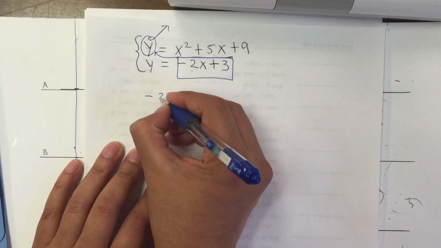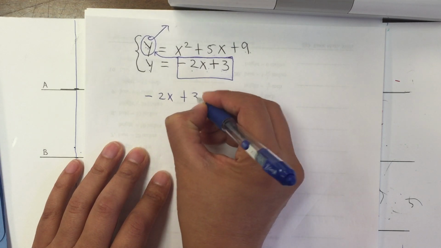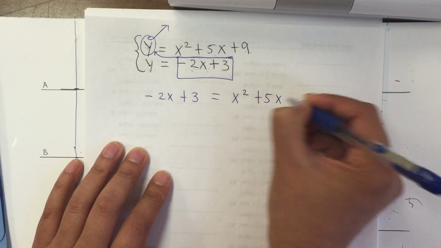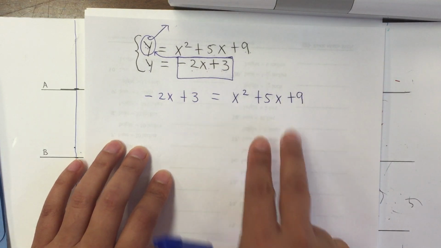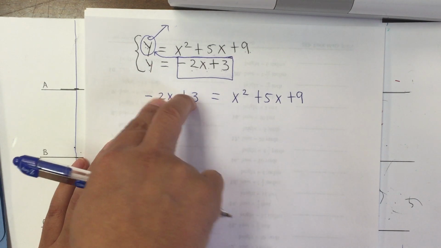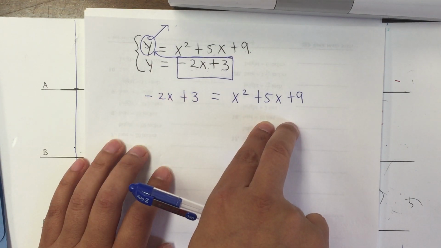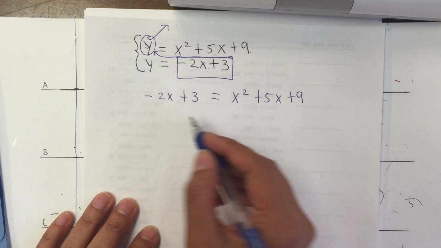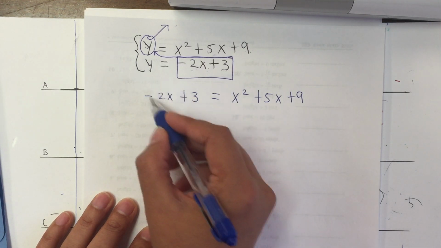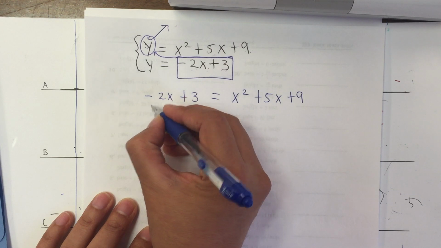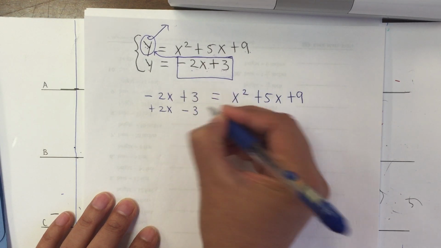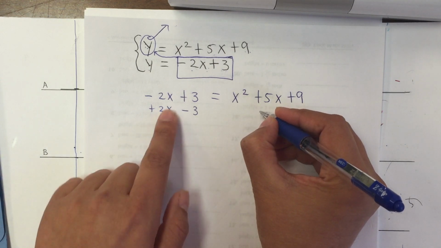So I'm going to put negative 2x plus 3 is equal to x squared plus 5x plus 9. And you can always have this first and this second. That's okay. It will be the same thing. I'm going to cancel this part, so I'm going to be adding 2x and also subtracting 3 from both sides.